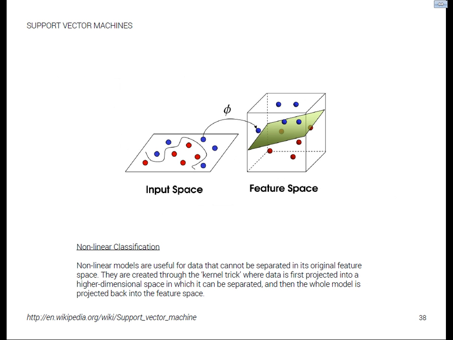The first one is nonlinear classification. You can see this data in the plane again. There's no single line that would split the red and the blue dots. A technique used in support vector machines is to take that two-dimensional data and introduce other parameters to project it into a higher dimensional space where it is separable.